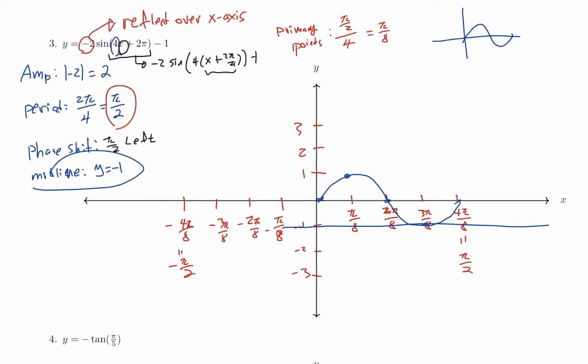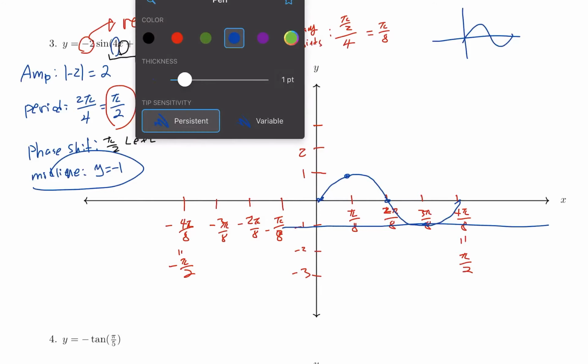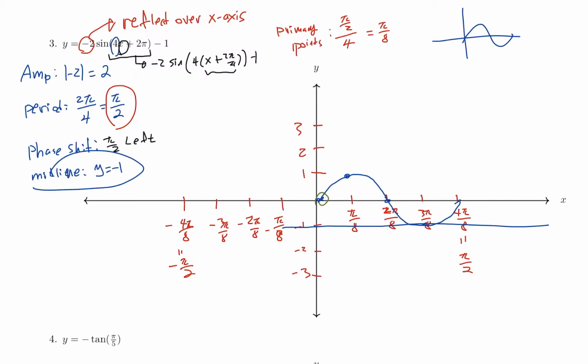So we go down 1. We move all the points, but the primary points help us navigate better. So go down 1, down 1, down 1. This green part right here is after the vertical shift down 1.